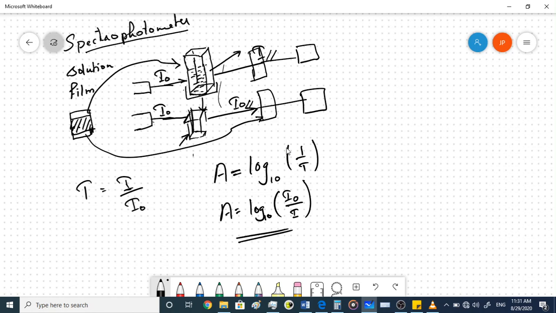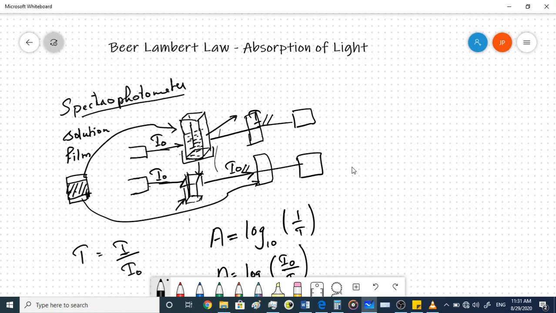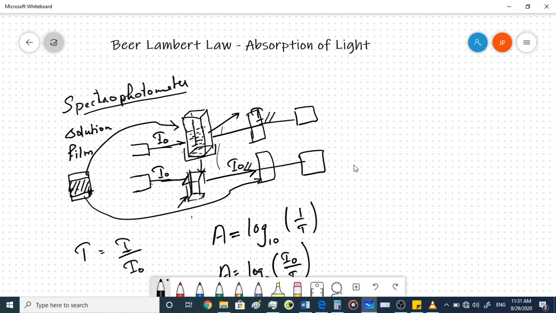Now the proposal made by Beer and Lambert was that the absorption of light is directly proportional to the path length inside the solution or in the film.